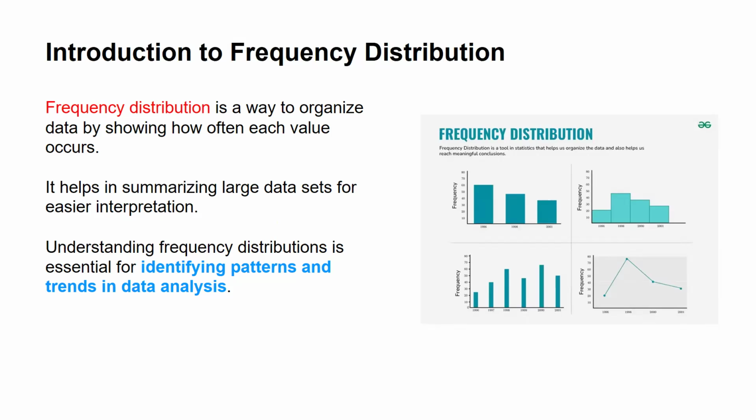You can use a histogram, a bar chart, or a line graph to show data for frequency distribution. These are the different figures showing how you can demonstrate or interpret frequency distribution using different charts. So what is the purpose of frequency distribution?